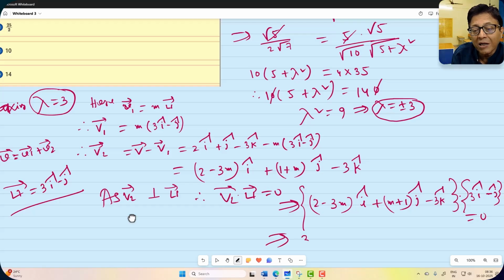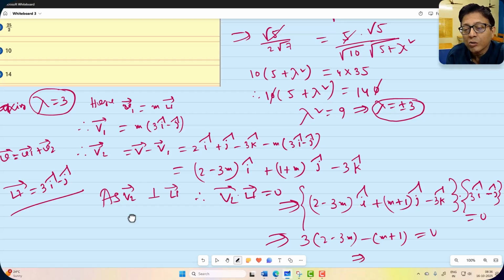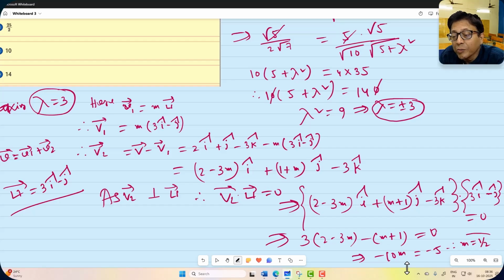So this implies 3 into 2 minus 3m minus m plus 1 equals 0. So this implies minus 10m, and this is 6 minus 1, 5, this is minus 5. So m is going to be half. Clear? 6 minus 1 is 5 taken on the right side, so m is going to be half.